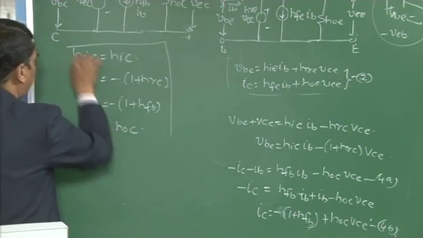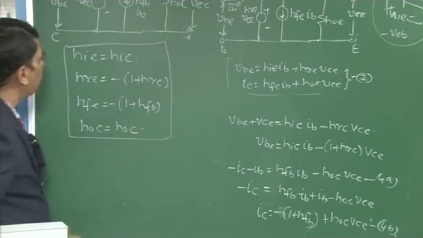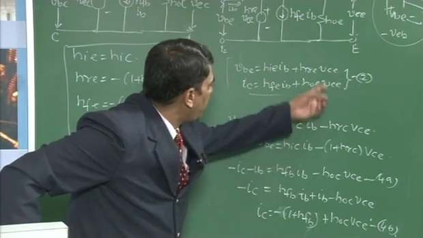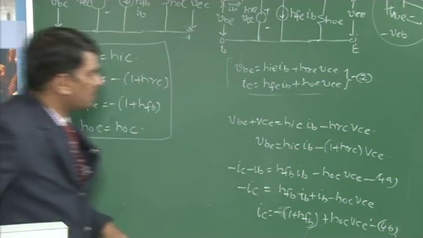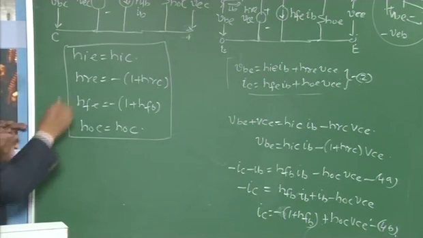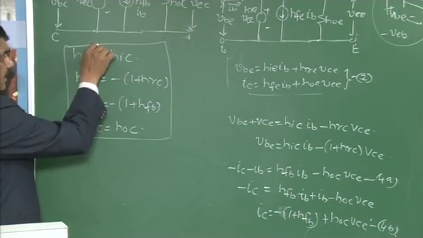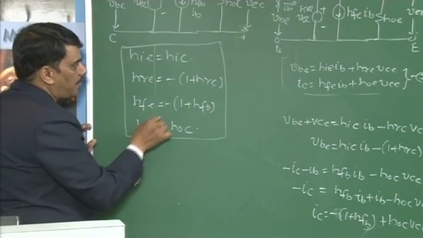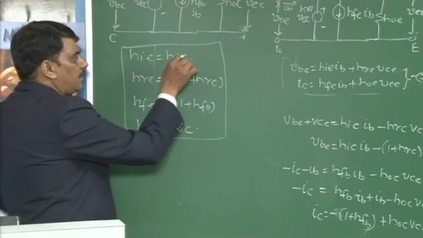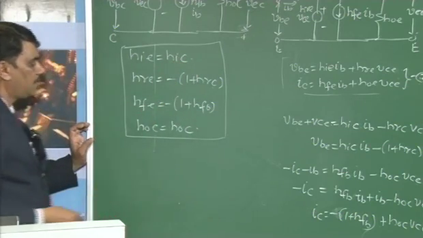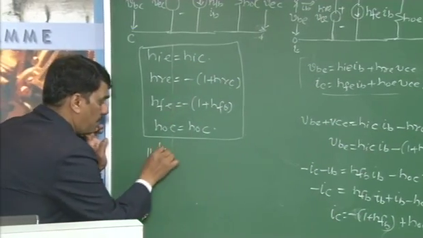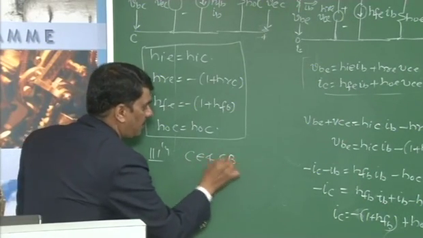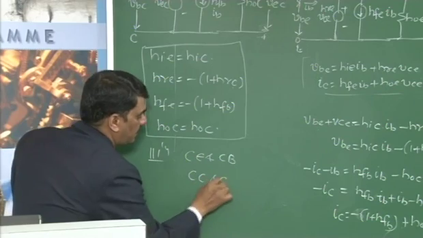This is the relationship between the common collector and common emitter configuration. If you remember any one set of equations, either HIE, HRE, HFE, HOE, we can determine the common collector configuration. Similarly, we can find the relationship between CE and CB and also CC and CB.